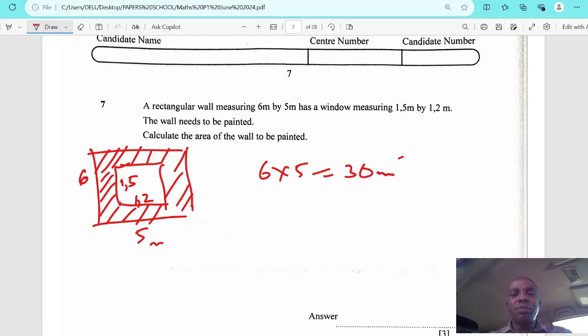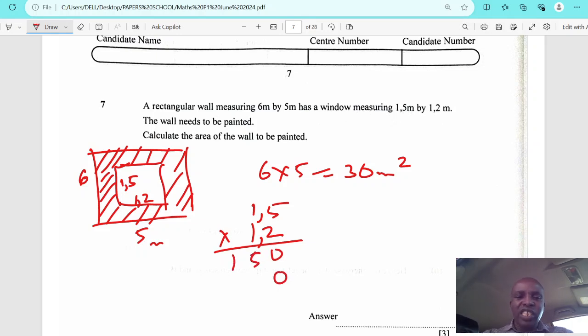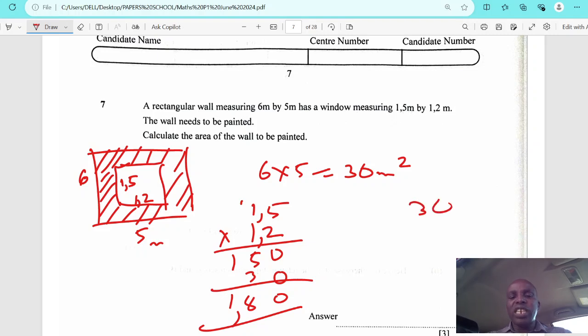that is 30, the bigger shape. Then 1.5 times 1.2: 2 times 5, 10, 0 carry 1, and so on, so it's 1.8, 2 decimal places. So the final answer is 30 minus 1.8. So you put 0.00 so that it will match.